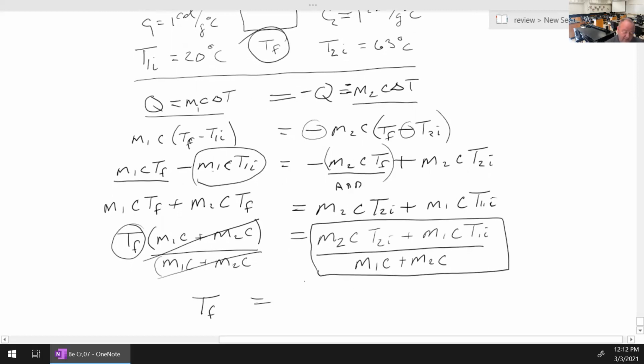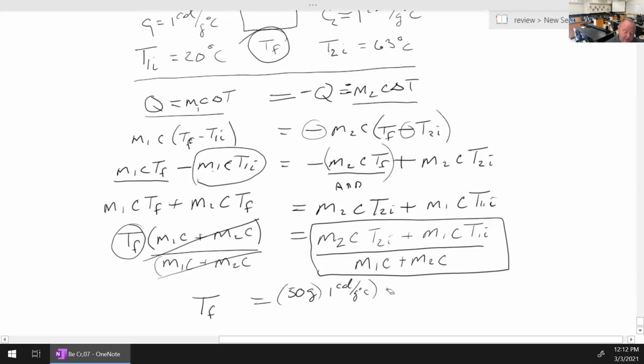M2 and M1 are both 50 grams. The specific heat capacity is 1 calorie per gram degrees C. And that's going to be plus M1, 50 grams. Oh, forgive me. I forgot the temperature there. What is T2I?